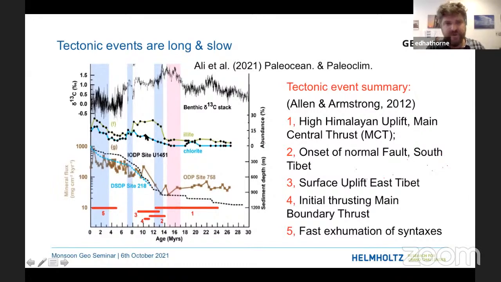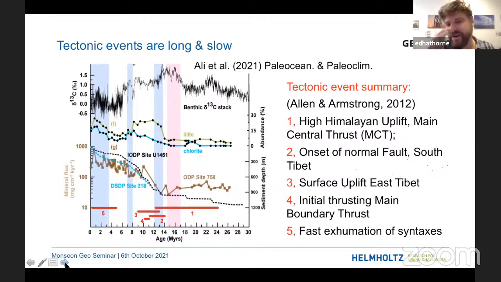And we also found that there was a change in the amount of primary clay minerals delivered to the site, a quite drastic change in the case of illite. And you could argue this is maybe tectonic. But like I'll show you, this is also happening coincident with the global cooling step and changes in the global carbon cycle.